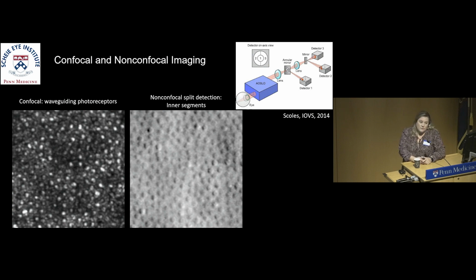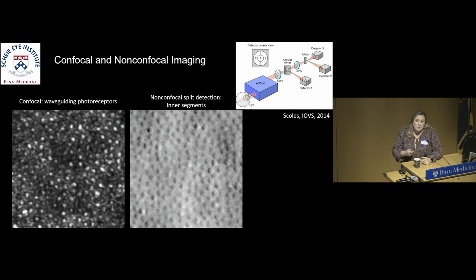In doing this, we can capture two images simultaneously, one being the confocal image of the wave-guiding photoreceptors, as shown on the left, and then the split detection image on the right. That split detection image shows the cone inner segments. In a normal control, these cone inner segments correspond one-to-one with the wave-guiding cones in the confocal image.